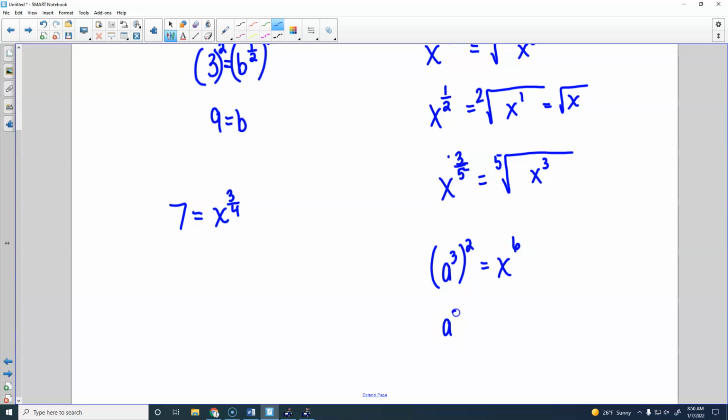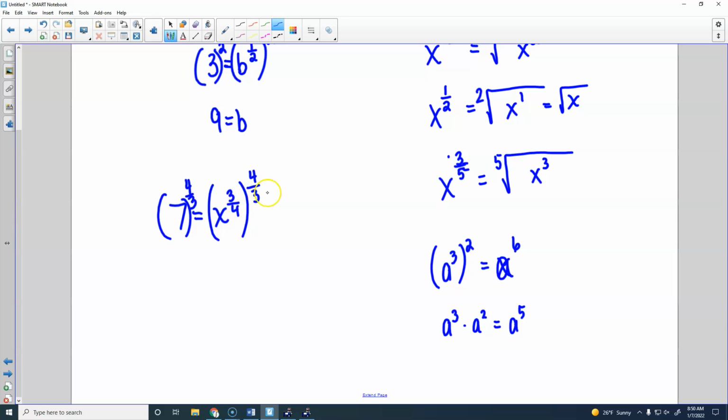If I'm doing a to the 3rd times a to the 2nd, I would add the exponents. It'd be a to the 5th. But if I'm doing power to power, I multiply the exponents. So instead of changing this to a root, I can flip this fraction and raise it to the reciprocal, the 4/3.